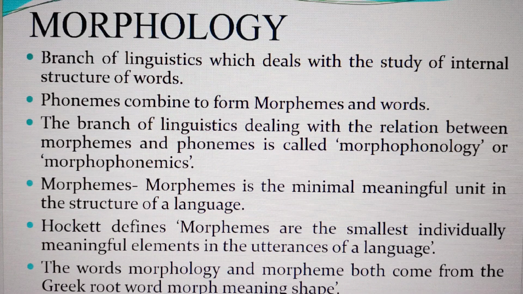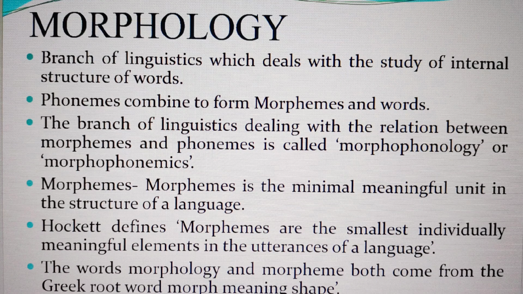The relationship between phonemes and morphemes is studied in the branch of morphophonology, or morphophonemics. A famous linguist, Hockett, defines morphemes as the smallest individually meaningful elements in the utterances of a language. Hope you understood all these things.